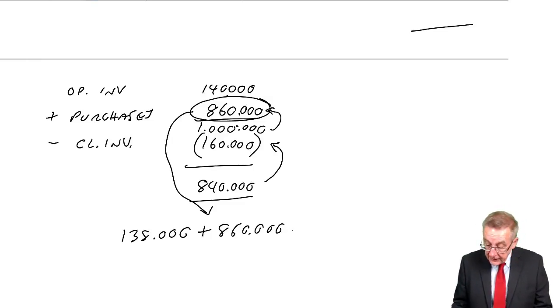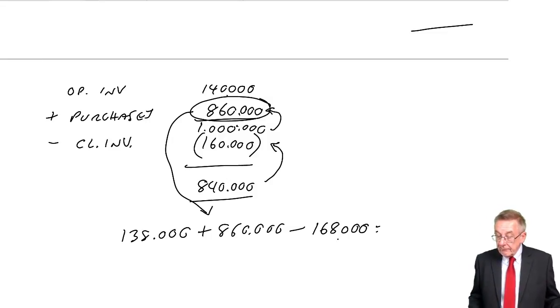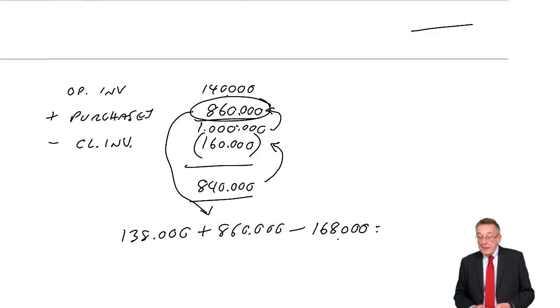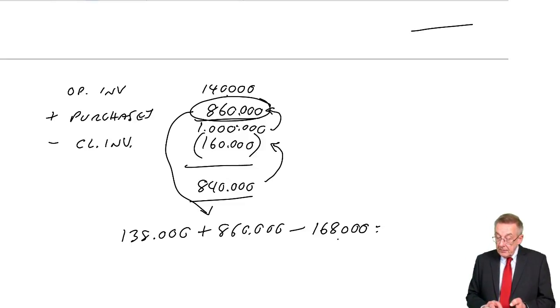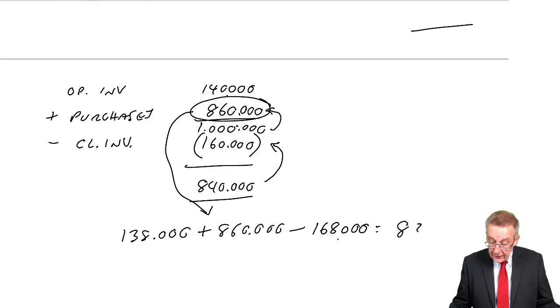Some of it, 168,000, is still owing. So how much cash did we actually pay? 138 plus 860 minus 168. The cash actually paid is 830,000.